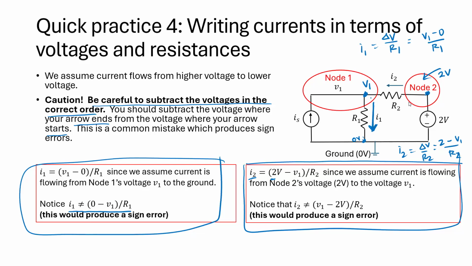So just to summarize, make sure you subtract the voltages in the correct order when you are writing currents in terms of voltage and resistance. Be careful. If you subtract in the wrong order, then you might produce a sign error and cause some problems later on.